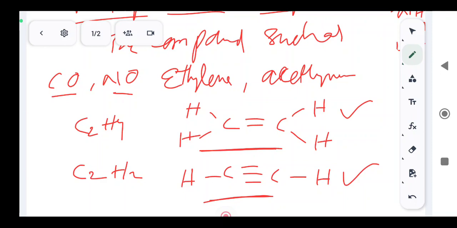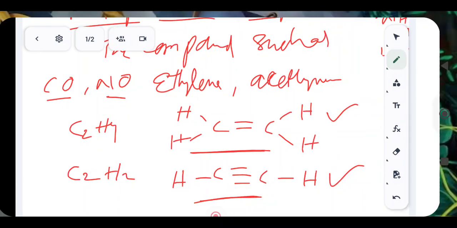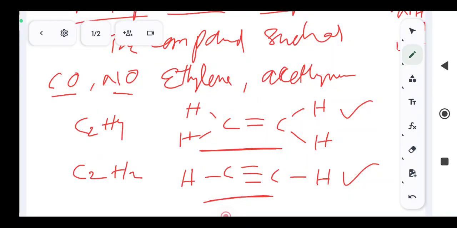A Lewis acid is a molecule having a vacant orbital, a molecule whose central atom has an incomplete octet, a simple cation, or a molecule having multiple bonds between dissimilar electronegativity elements. So this is about the Lewis acid base theory, also known as the electron pair acceptor donor theory. Thank you.